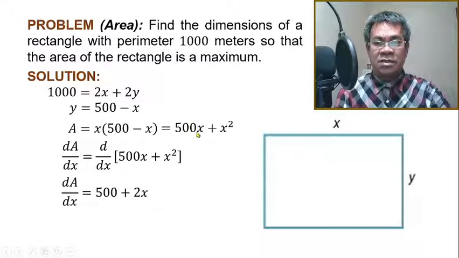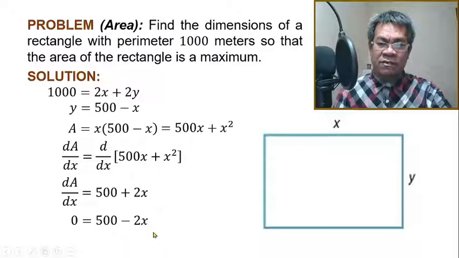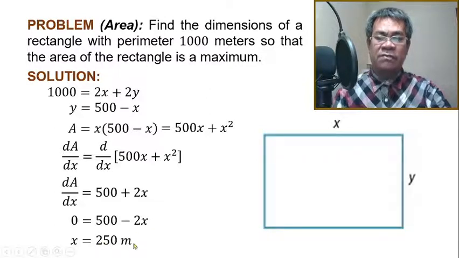Now, in this case, if a parabola opened upward, equating to 0 would give the minimum, but here it will provide the maximum area. So equate this to 0, then solve for x, and x now is 250 meters.